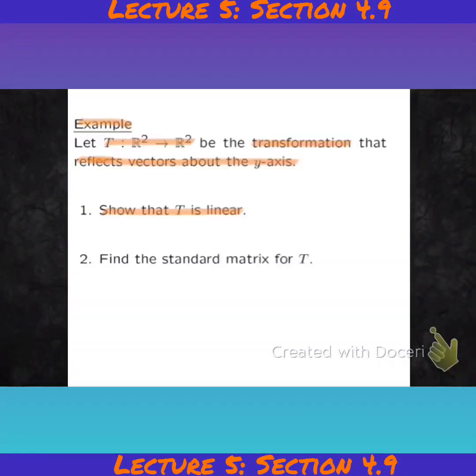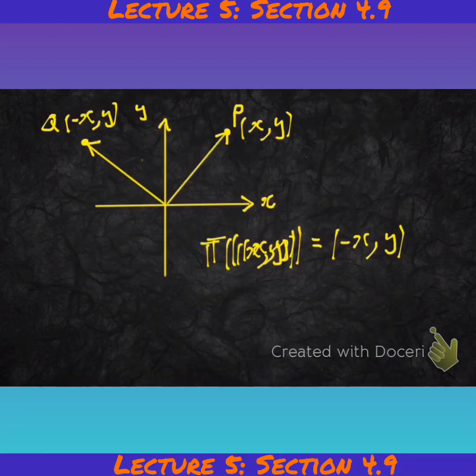Next we are asked to find the standard matrix for T. Taking the transformation T, we get the following.